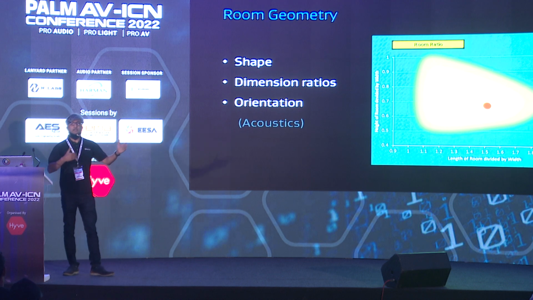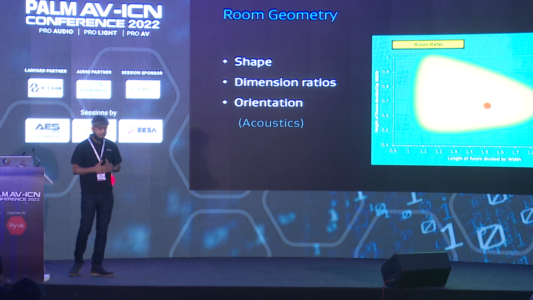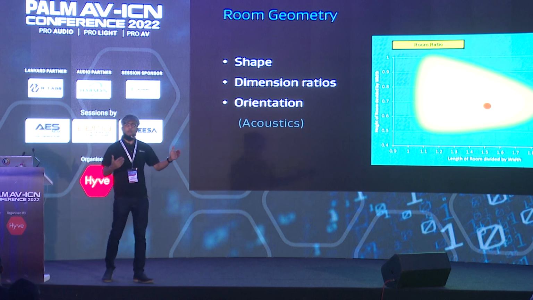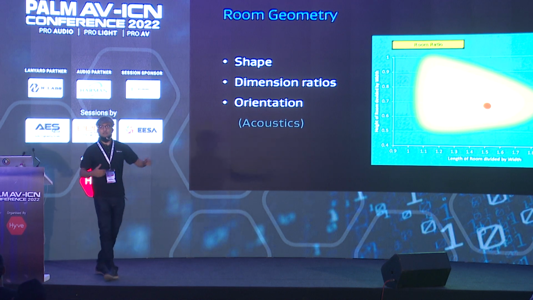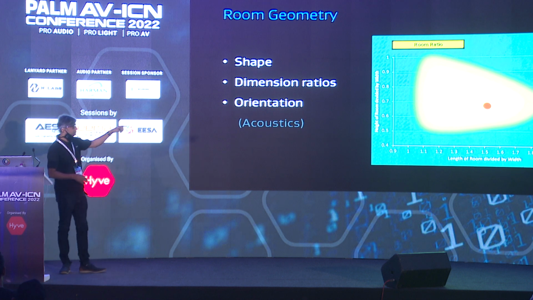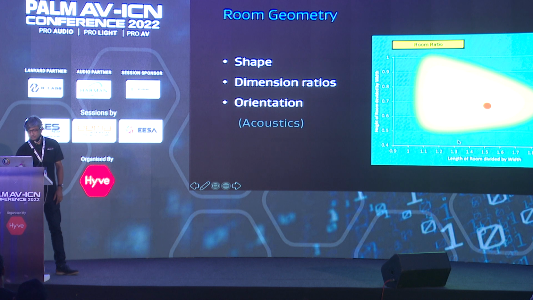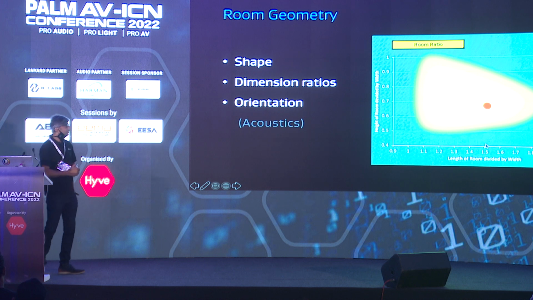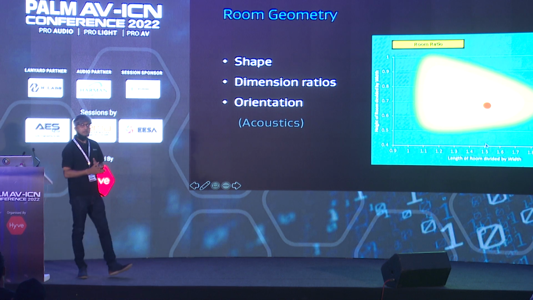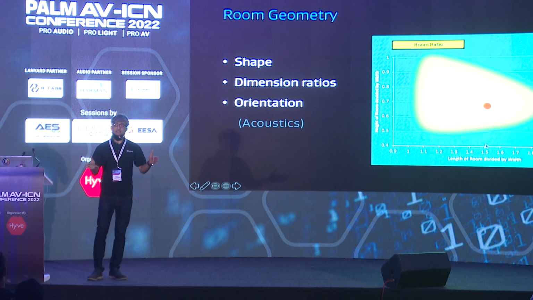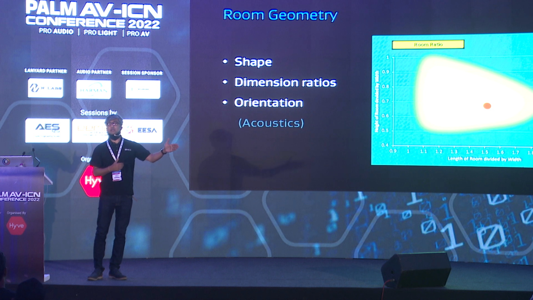Because if you start with any fixed dimension, just say, for example, you take, okay, I need 21 feet as the length of the room. So you look at the length to width ratio at the bottom, and you will see the most ideal is somewhere near 1.5, which means that if your width was X and your length was Y, then your Y has to be 1.5 times the width.